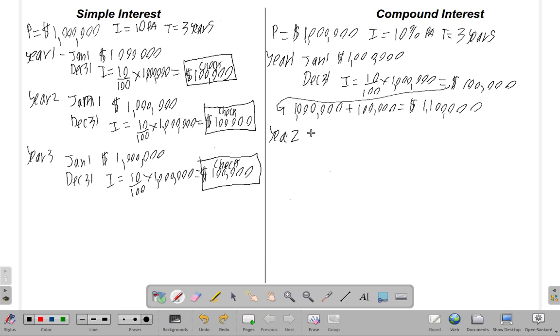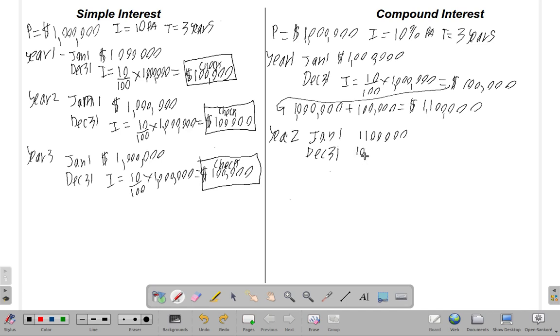Year 2. Let's say January 1, in year 2 you now have $1,100,000. Come December 31, they are ready to calculate your interest.